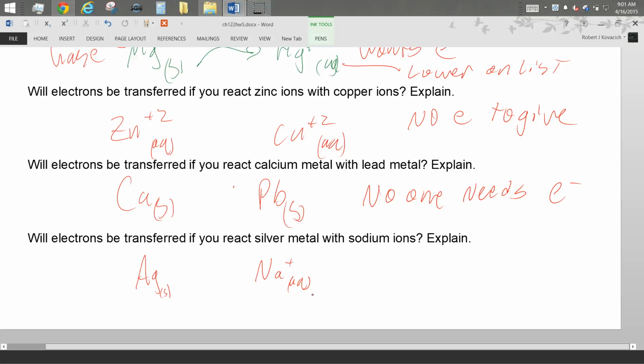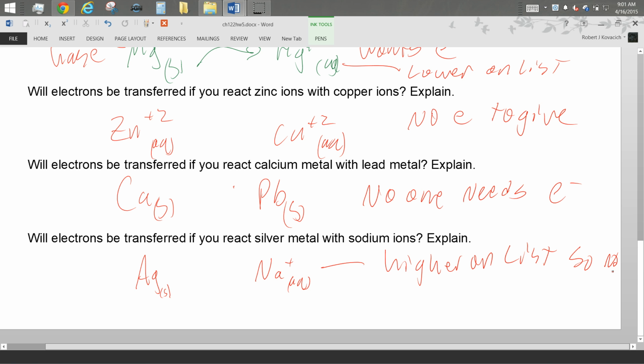So can it accept electrons? Sure. So is the silver going to give it to it? No, why not? Because it's really low on the list. Because this is higher on the list. So no.